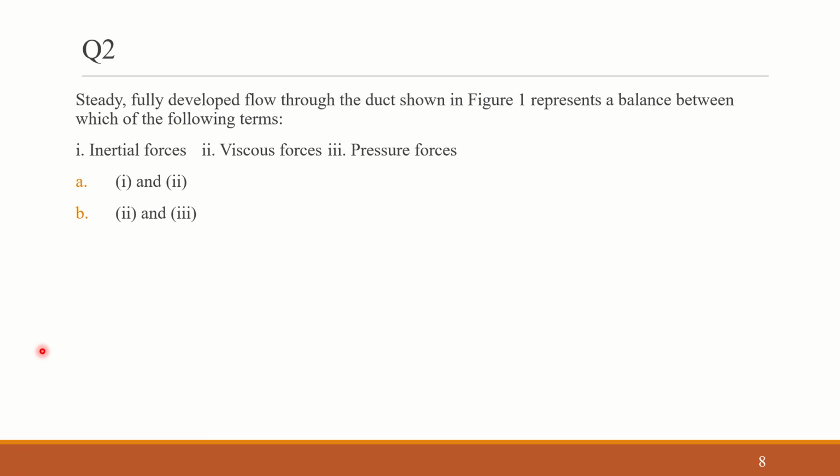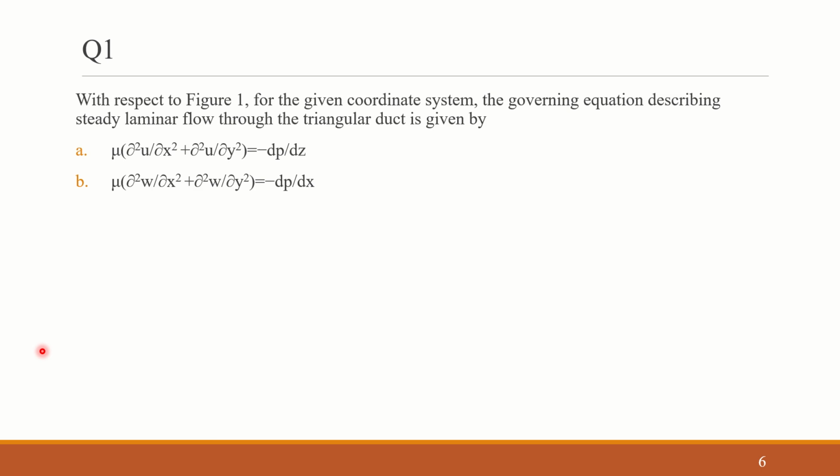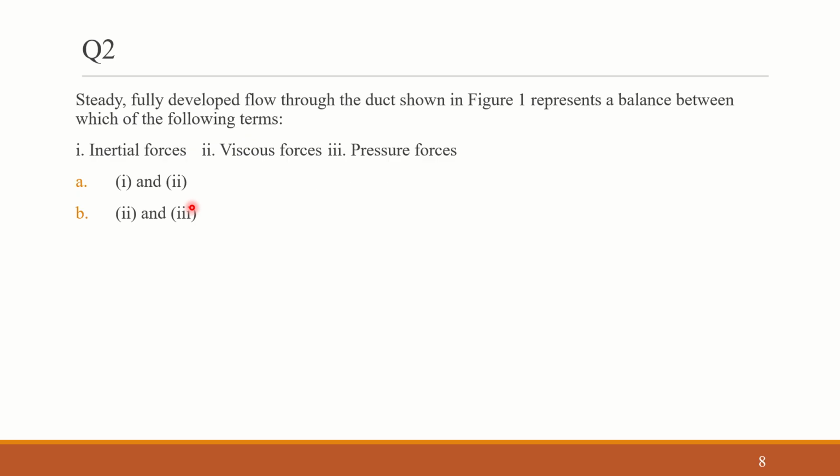It is a balance between viscous force and pressure force. We can go and check the equation also. It is mu into dou square u by dou y square plus dou square u by dou z square is equal to minus dou p by dou x. So it is a balance between pressure force and viscous forces, a balance between 2 and 3. So the correct answer is option B.